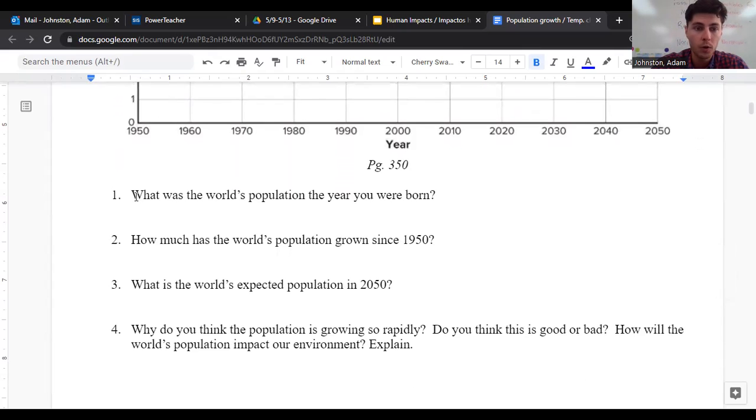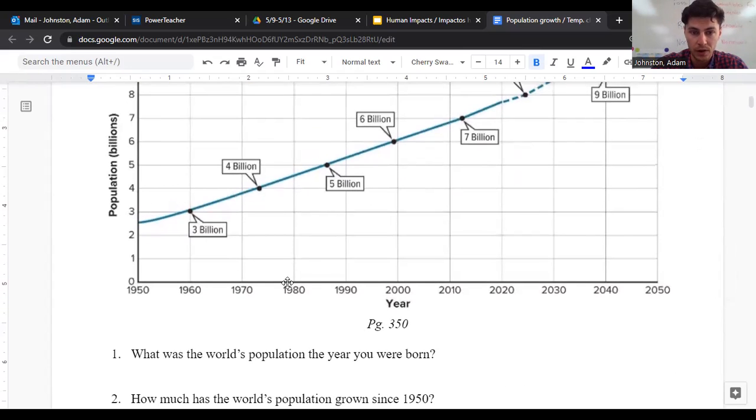Number 1, what was the world's population the year you were born? To do that, you would find the year you were born. For example, a person born in the year 2000 would go to their year and then find where the blue line cuts across. Where that blue line cuts across, all you need to do is check your population in billions. Pretty easy if you're born on a year that ends in 0. Now, if you were somewhere in between, for example, a person born in 2005 would go halfway between 2000 and 2010, right about here.